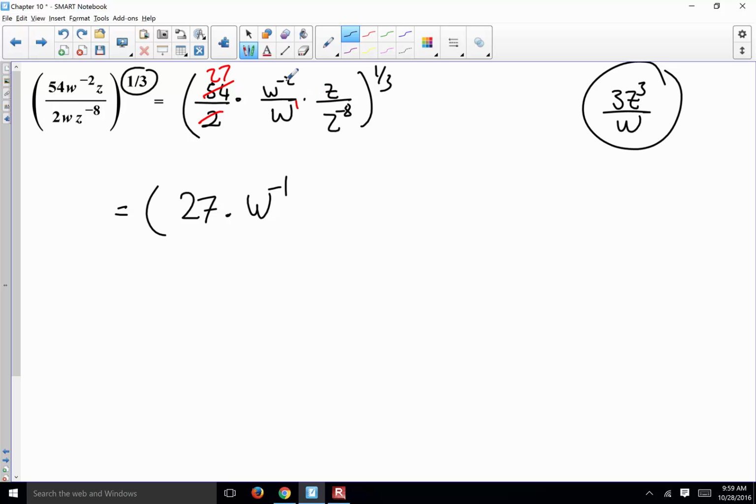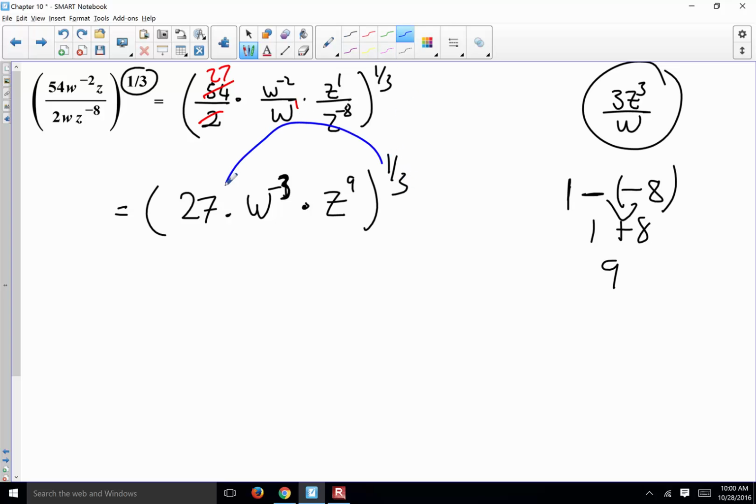Wrong. Minus 2 minus 1 is minus 3. Alright, what is 1 minus minus 8? Minus 7, right? Nope, be careful. 1 minus minus 8. It's positive 9. Look how beautiful inside is now to pass this 1 over 3.